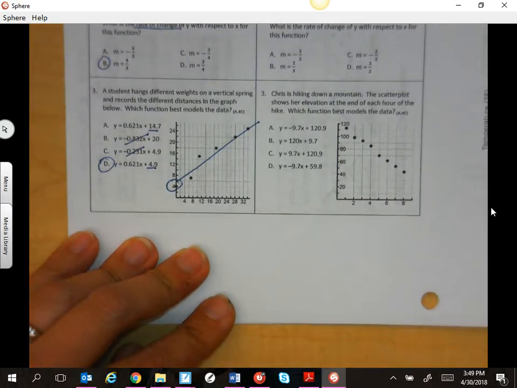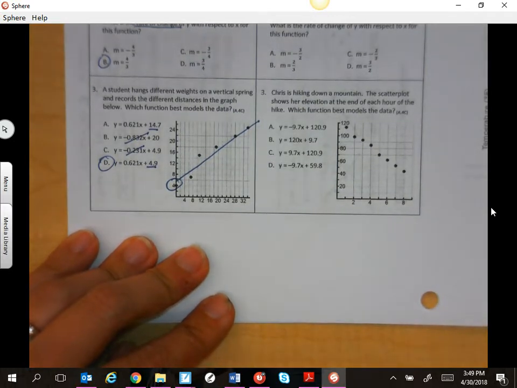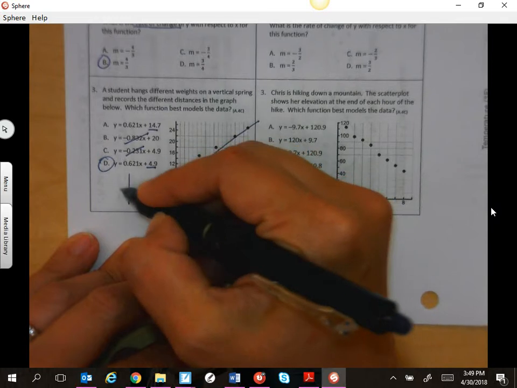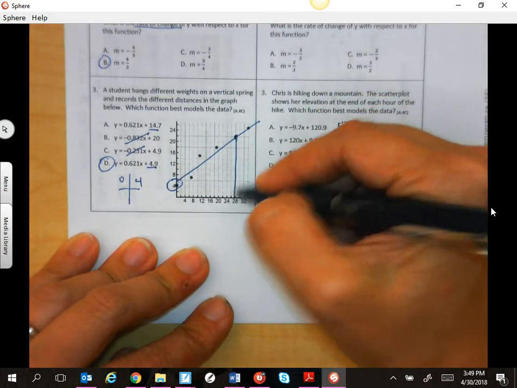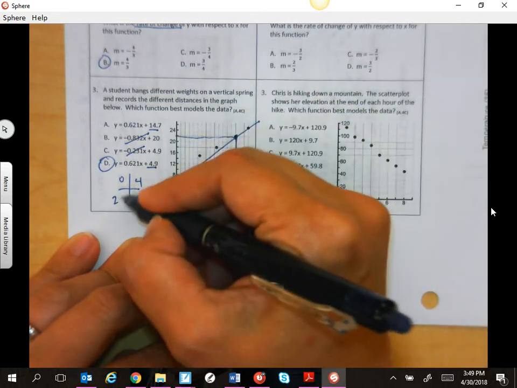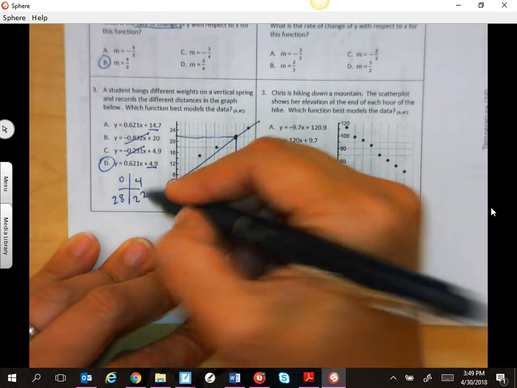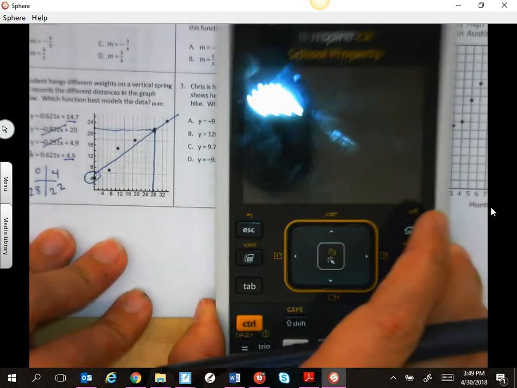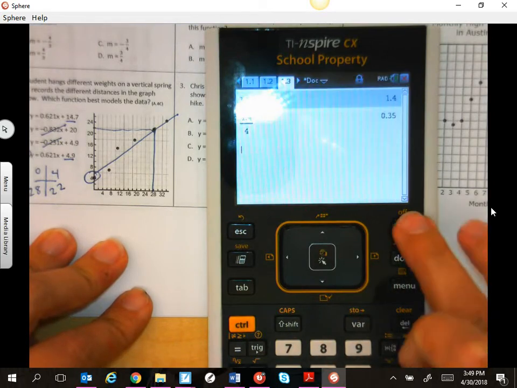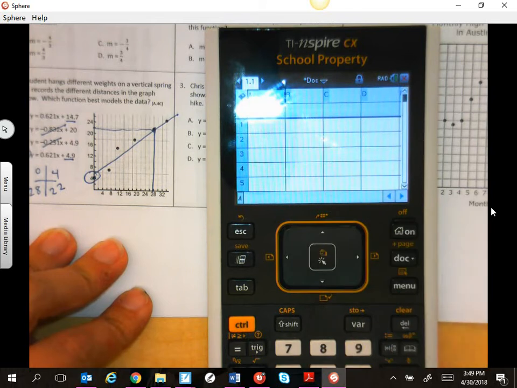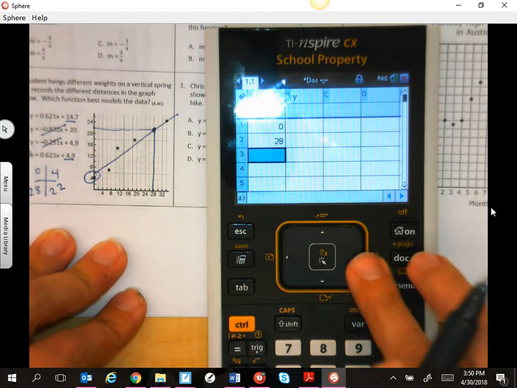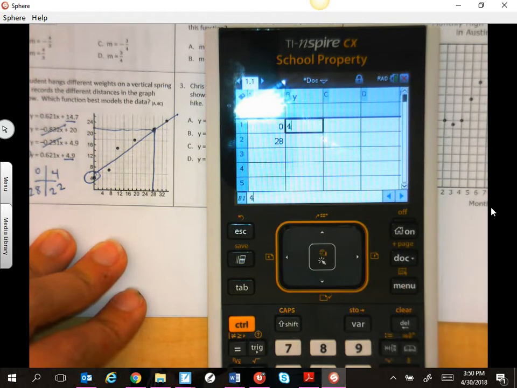You can also put this into list and spreadsheet. I would choose 0, 4 right here, and then I would also choose this one, which is 28 and 22. If you put it into list and spreadsheet, then you will see 0, 28, 4, and 22.